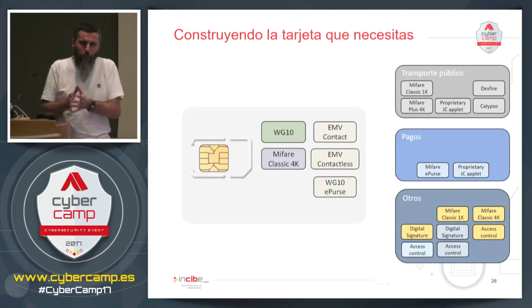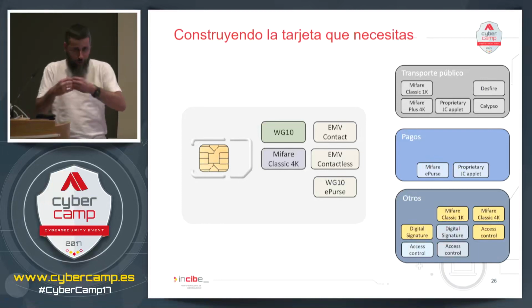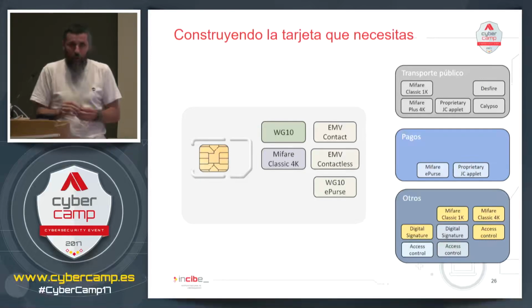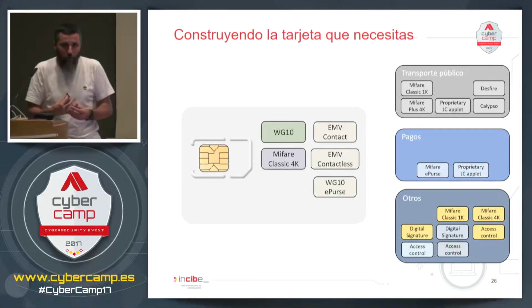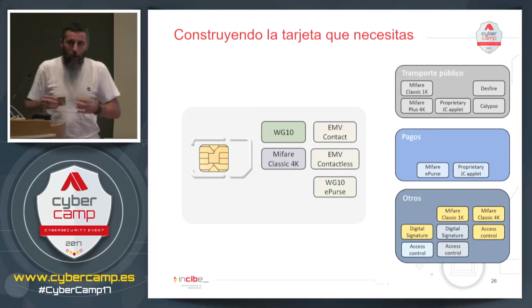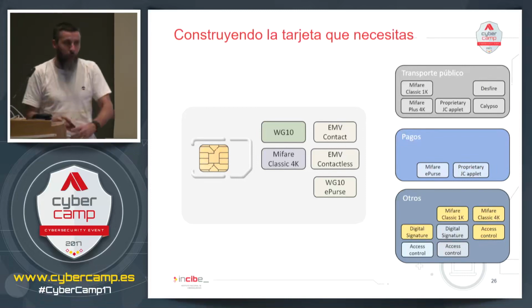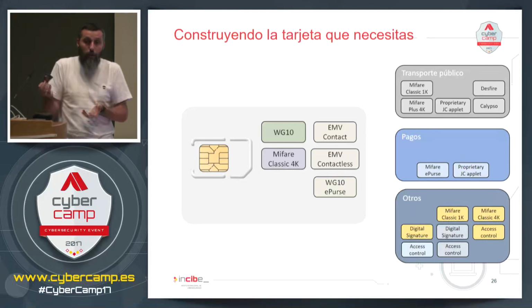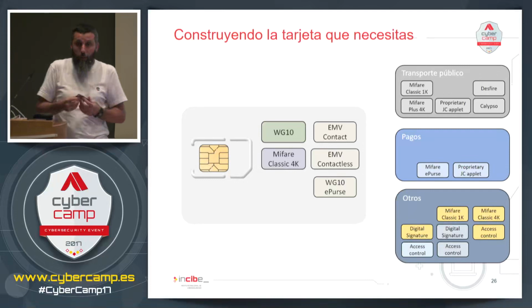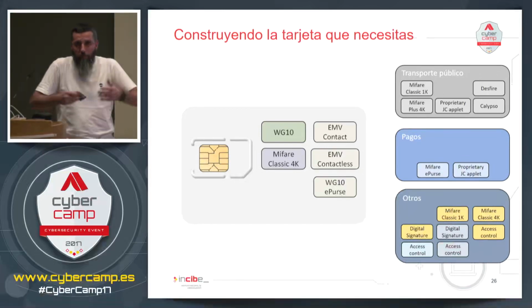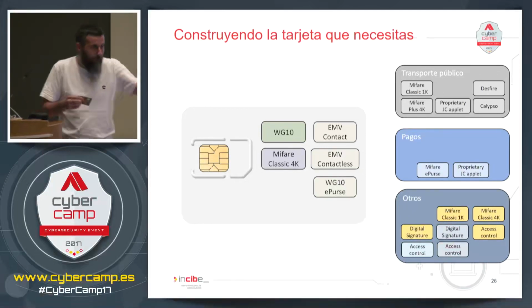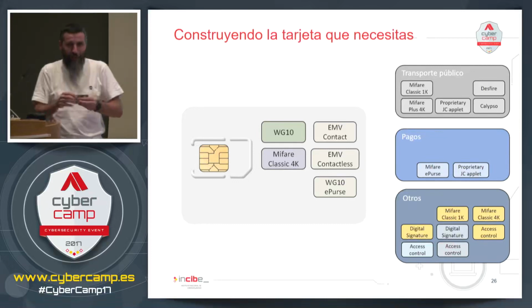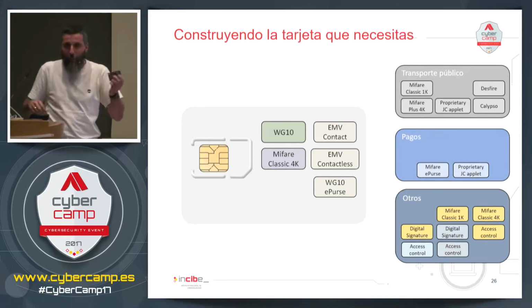Now, I'll give you the university example, because I know it well, because the audience is quite young, and because I suppose there are students here. I have this card. I'm a student in this university, and I go to the University of Alcalá de Henares in Madrid, because one of the speakers was from Alcalá.